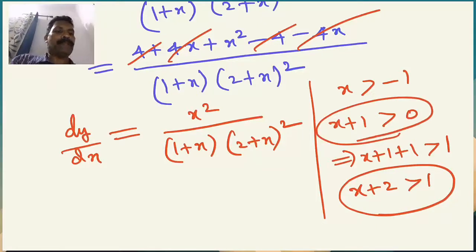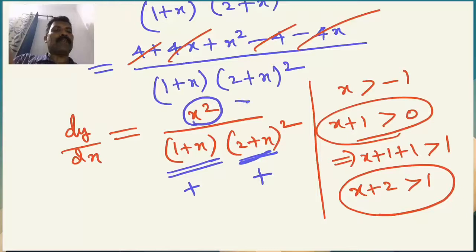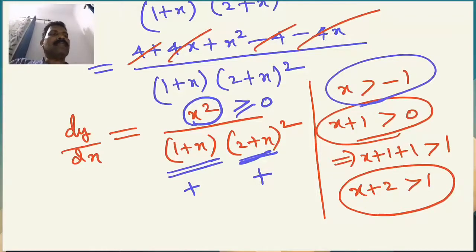We have two pieces of information here. x plus 1 is positive, so this term will be positive, and x plus 2 is a number greater than 1, so the square of it is positive. And here x square will be greater than or equal to 0. The minimum value of a square number can be 0, and here x is greater than negative 1 only, so x can be 0, so x square can be 0 in that way.